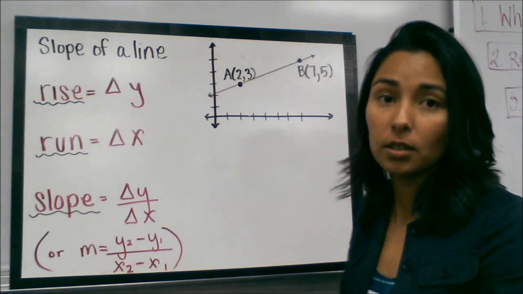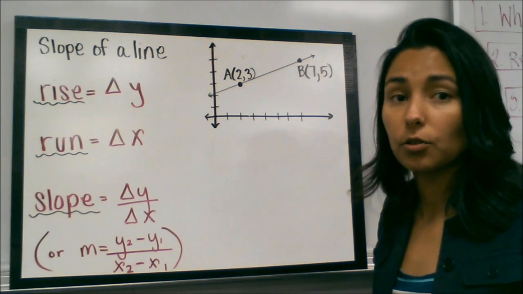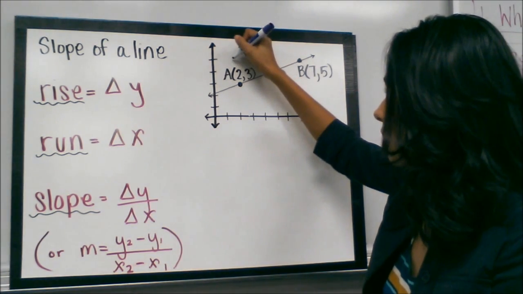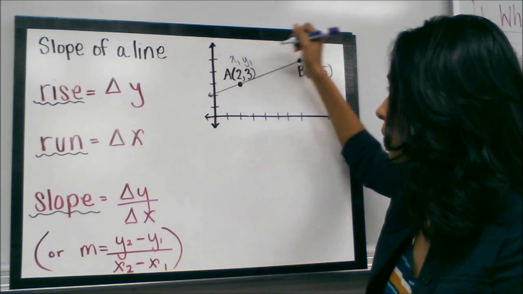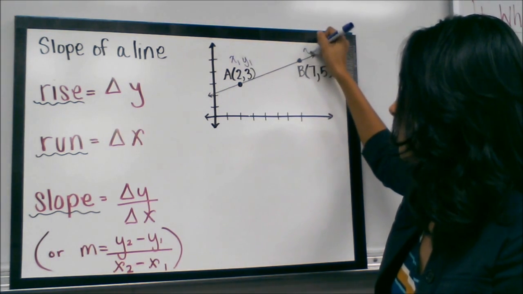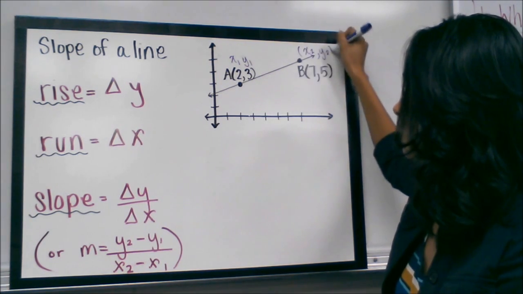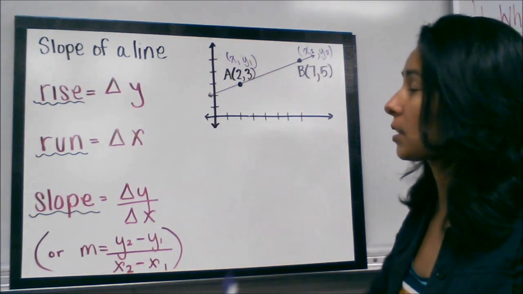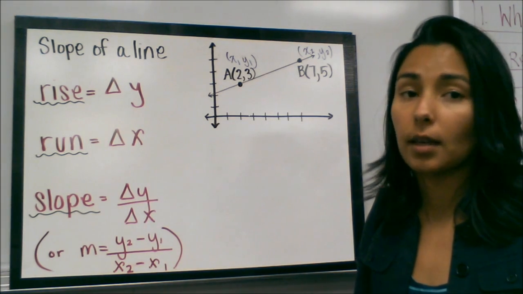My suggestion is to label which one you want to be your first point and your second point. So we're going to call this my x sub 1 and my y sub 1, and this is going to be my x sub 2 and my y sub 2. This is always a good idea for you to label, or if you can keep it in mind, not switch them around, then that's fine.